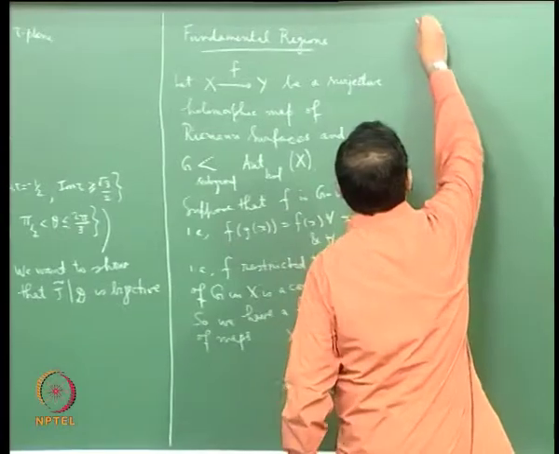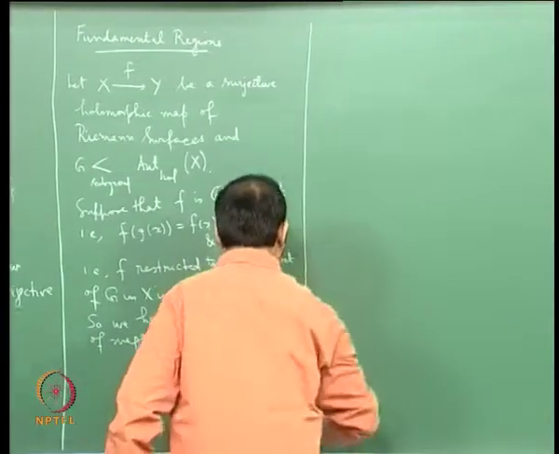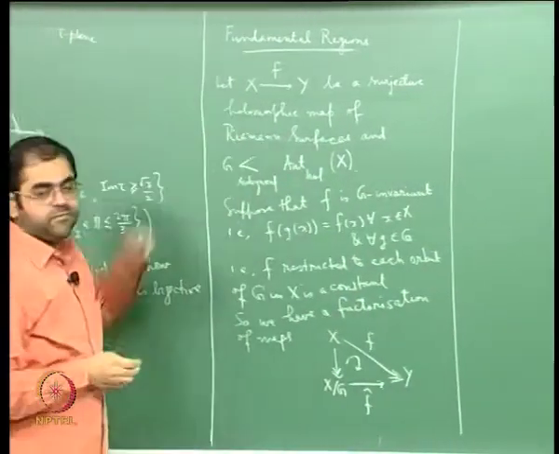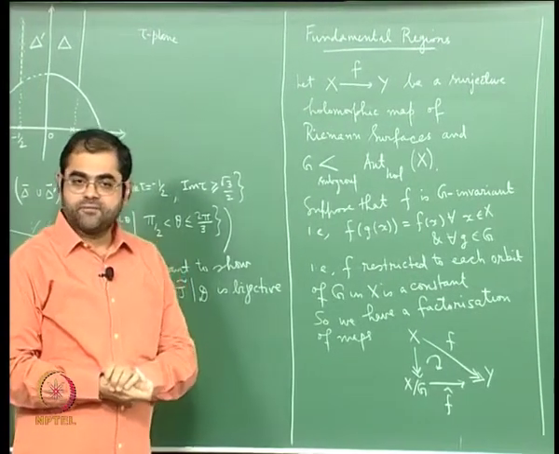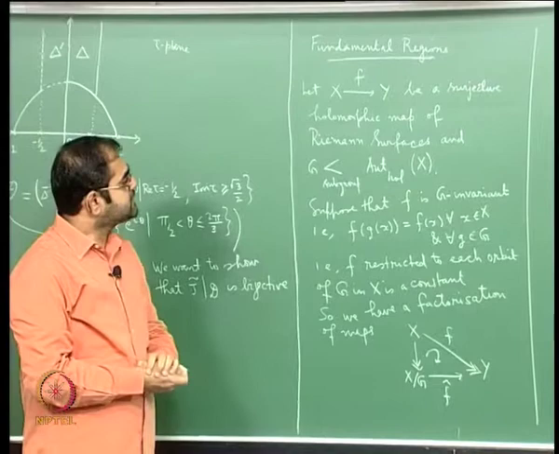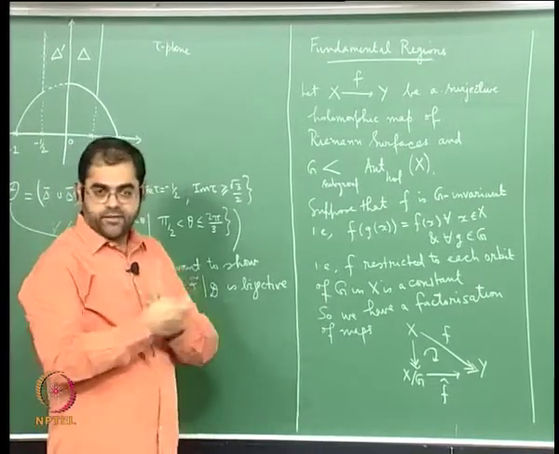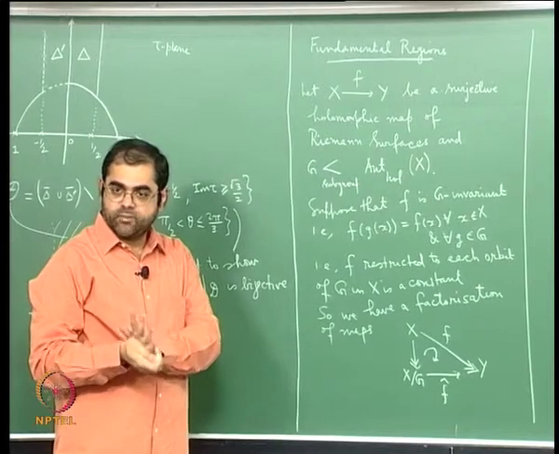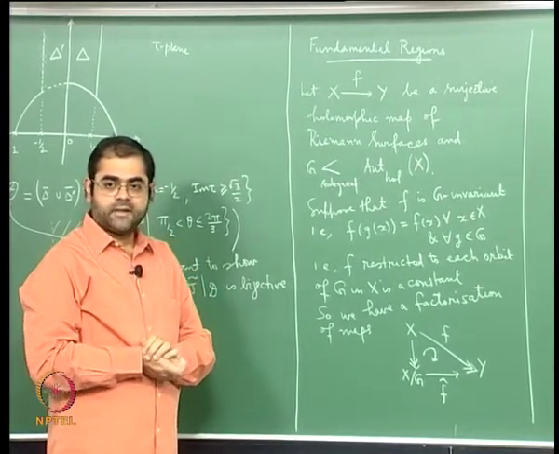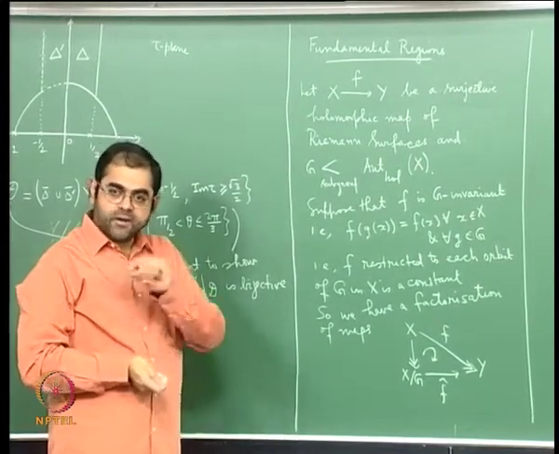Fine. So given such a map, what are we interested in? By a fundamental region for that map F, we mean a region in X, namely an open connected subset of X, a domain, together with a part of the boundary.